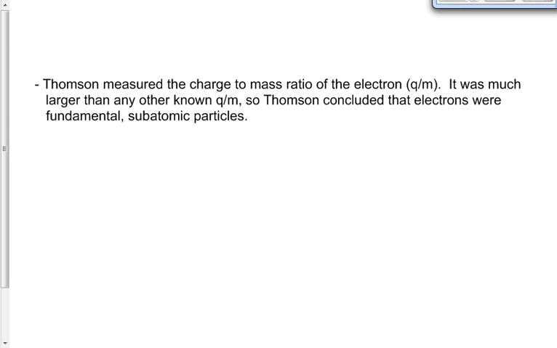This is our little conclusion here, right? Thomson measured the charge to mass ratio of the electron, Q over m, really, really big compared to other charge to mass ratios that we already knew, which meant that the mass must be really small.